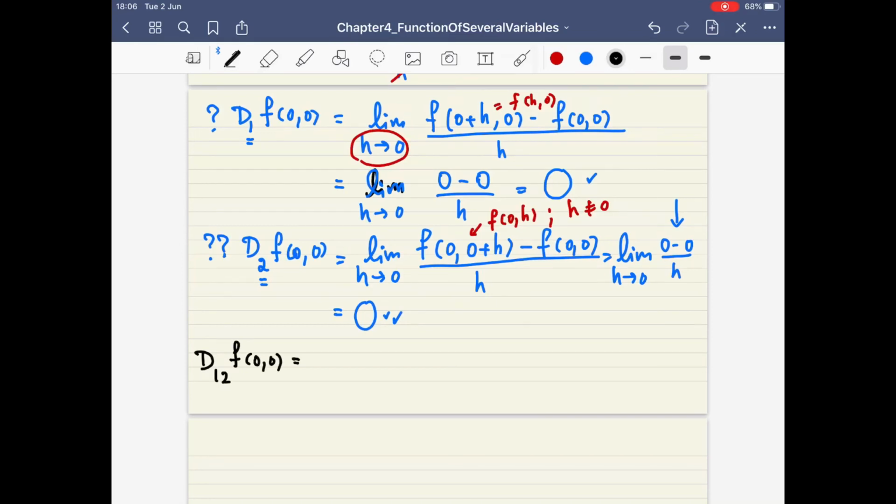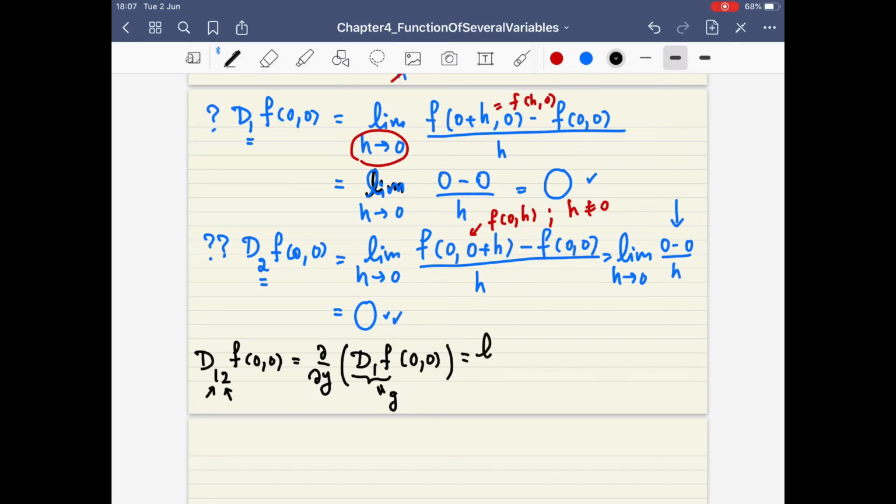This one is actually the first derivative with respect to x, and then the second derivative with respect to y. So now here's the d by dy, the one outside, and then d1 f at 0 0. You are going to regard this d1 f as a function, let's say g. So you are going to find the derivative with respect to y of g at 0 0.